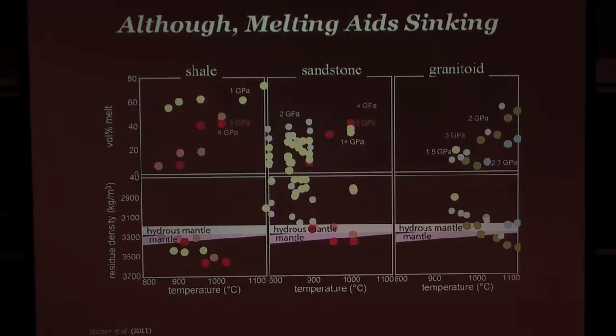And some of these compositions, if the melt separates from the residue, can actually be dense enough to sink, even though the host rock is relatively siliceous. So in the case of shale, when it reaches temperatures of 900 or 1,000 degrees, it's actually about 50% by volume melt. And the residue that remains, if the melt leaves, can in fact be dense enough to founder.